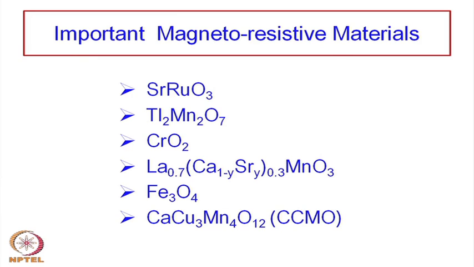If you remember, in our fuel cell device this kind of material is also used as a cathode material. Then Fe3O4, and calcium copper manganite. We are not going into the details, but there are quite a few oxides which have this kind of magnetoresistive properties and are useful for many devices.